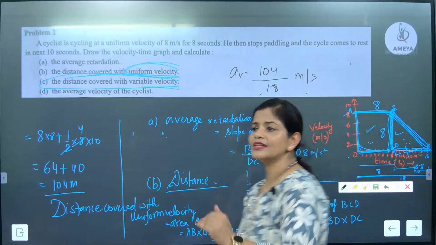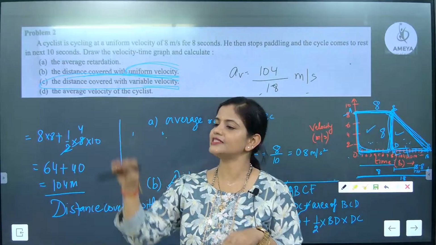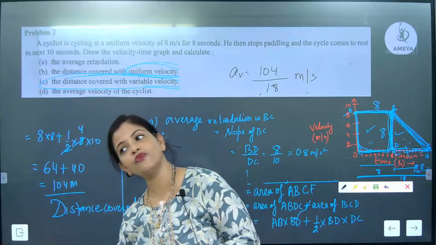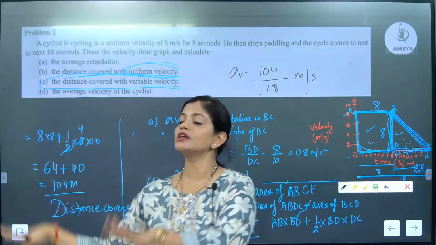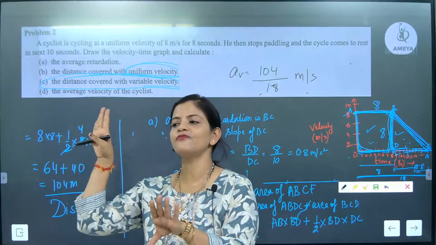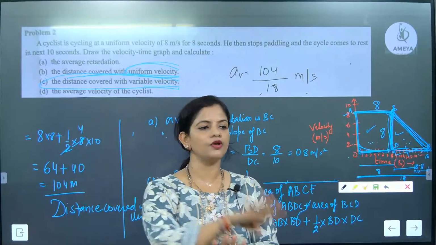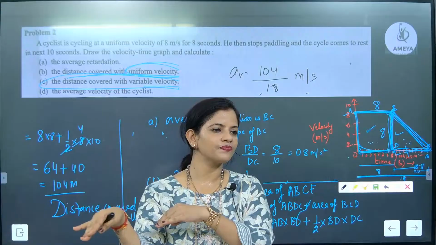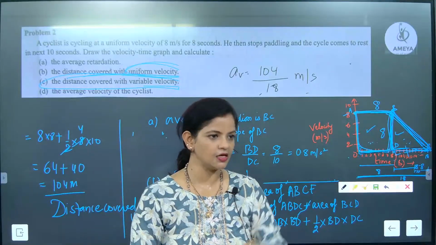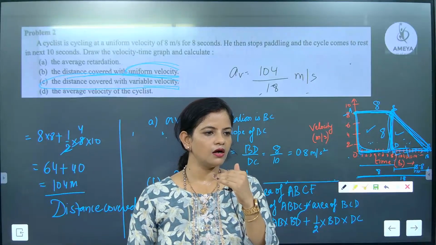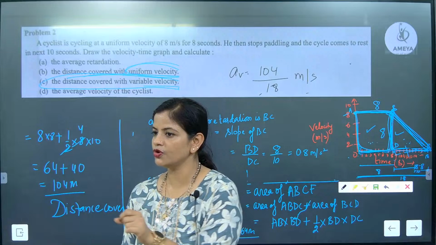Done now. Uniform distance is 64, non-uniform distance is 40, so the total distance is 64 plus 40, which is 104. Total time is 18 seconds, 10 non-uniform and 8 uniform.